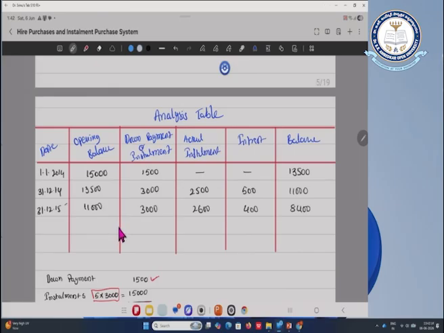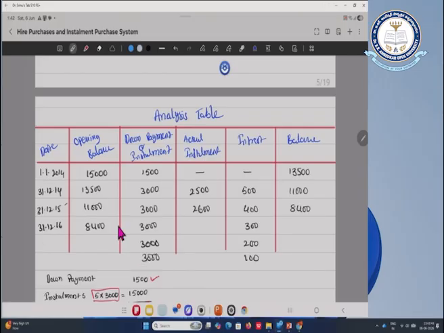So, 8,400 for next year, how much? 31 December 2016, 8,400. How much interest we paid? 300. So, every year we paid like this only. Installment also same, 3,000, even the 5th year also 3,000.